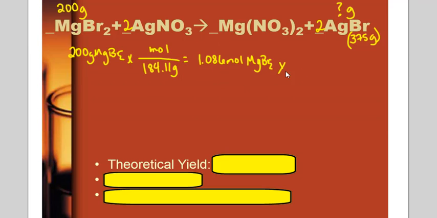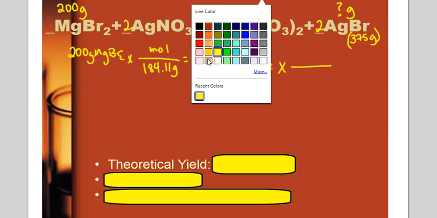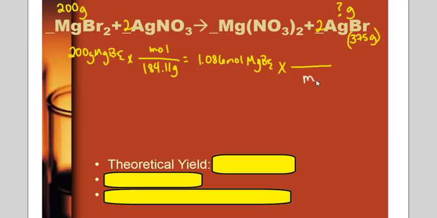Alright, now we've converted to moles. We need our mole bridge. So I need moles of MgBr2 on the bottom. I'm going 2 moles of silver bromide. So I look at my coefficients. There's a 1 and a 2. Alright, so I'm going to solve that for moles. Of course, you can carry that through.